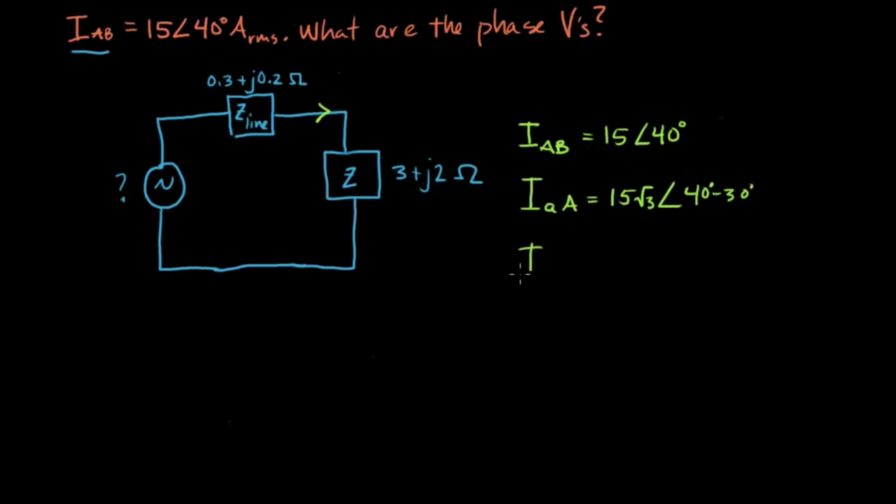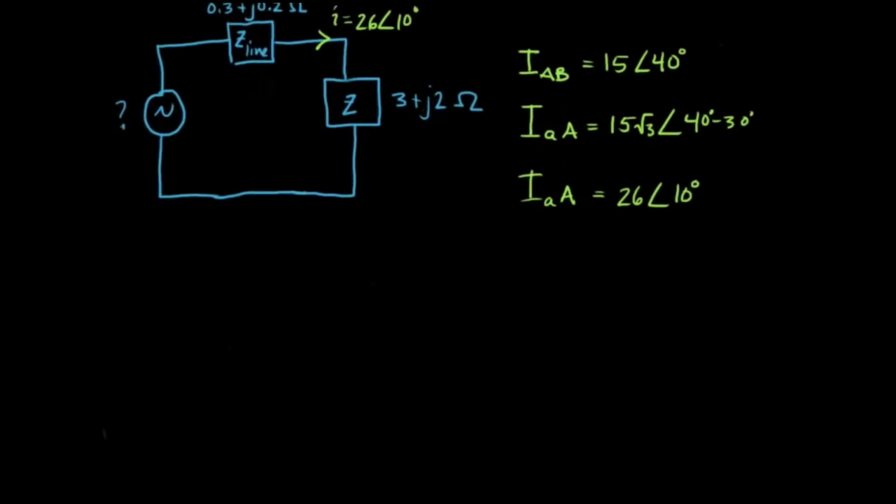And we find out that IAA, or IAN, whatever you want to call it, is 26 angle 10 degrees. And that's what this current is. So basically now we're one step away from solving a single phase of our circuit.